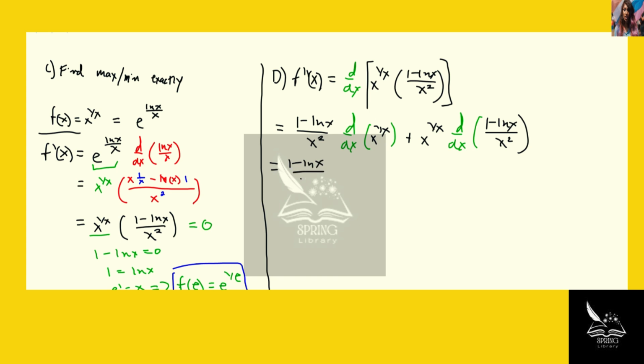So we already found this derivative in our last part, so let's go ahead and write that down. So that should just be x to the 1 over x times 1 minus natural log of x all over x squared.